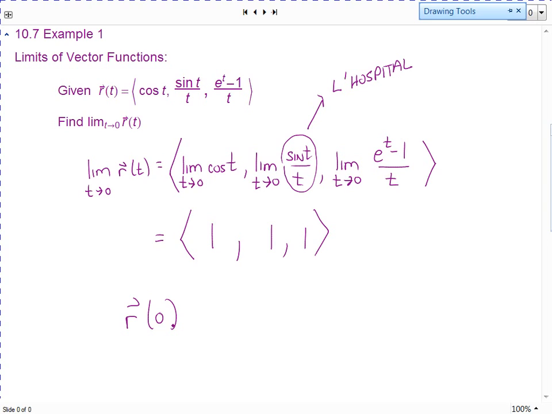And as you get closer and closer to 0, it's trying to spit out this vector. It may never spit it out, but it's getting closer and closer to that vector. Remember, 1, 1, 1 goes out 1, up 1, right? So it's pointed out in the first octant. So that's where it wants to head. This vector valued function wants to take some path that heads there. Never can get there, though. That make sense?